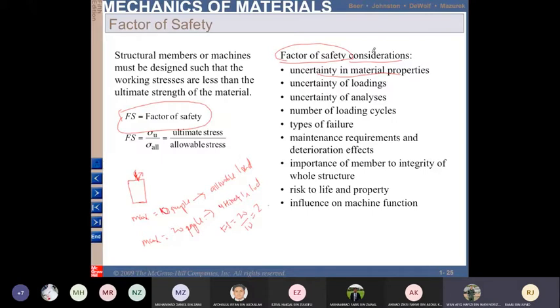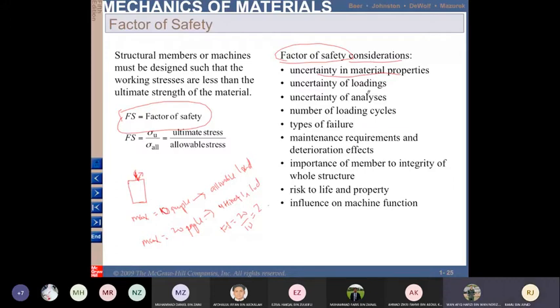Sometimes material degrades faster depending on the environment. If the environment is corrosive, the material will degrade faster. If the environment is not really corrosive, the material will last longer.